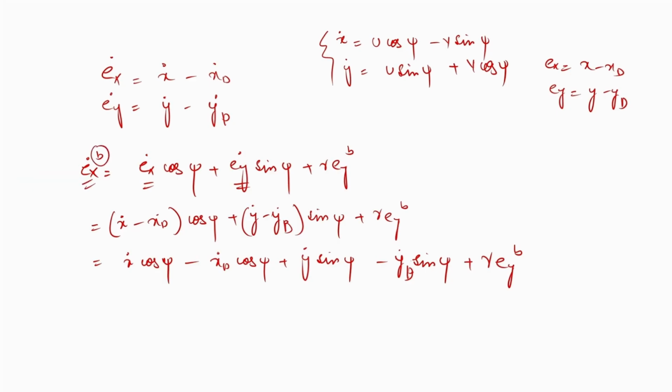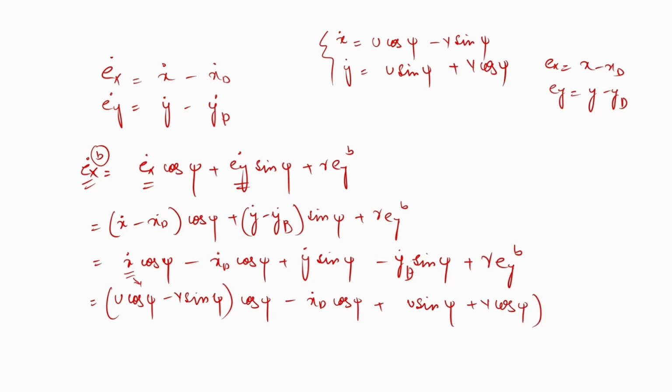So this will become u cos of psi minus v sine of psi, and this will be cos of psi minus x psi dot. We don't know this, so we will write it as it is, plus y dot. So this will be u sine of psi plus v cos of psi, and then this sine psi, and then y psi dot sine of psi plus r e y b.